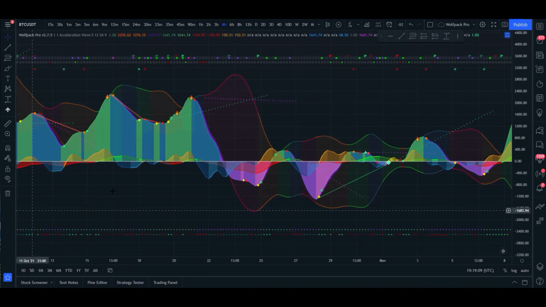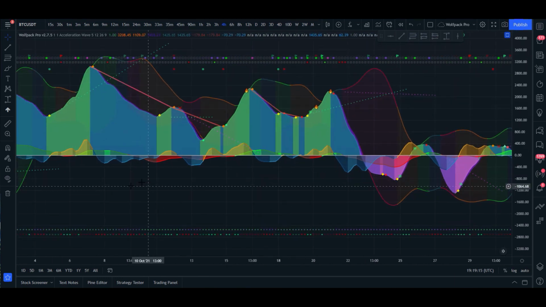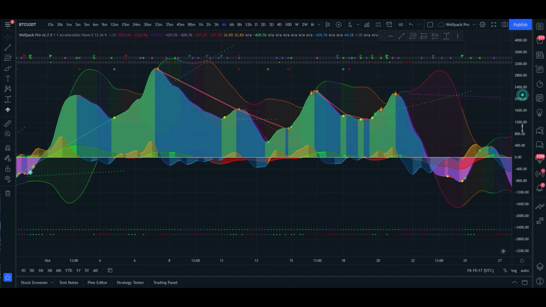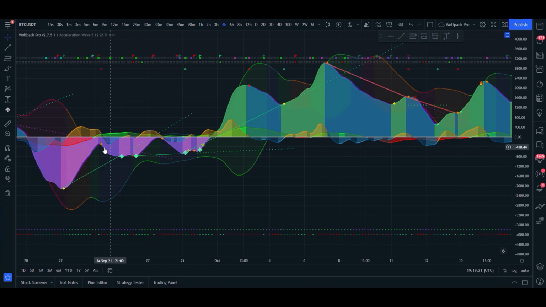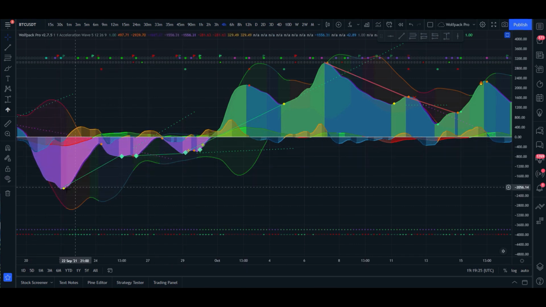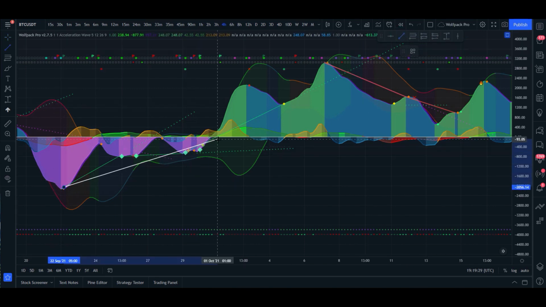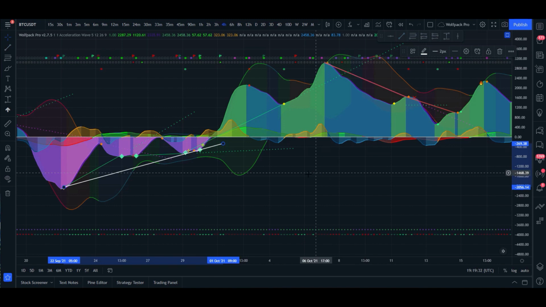So, as I said, it's the same paradigm as Market Cipher with these momentum waves. These aren't the best example, but here we go. You can see an anchor wave, two trigger waves. You can plot a trend line. You can see the momentum shifting up.